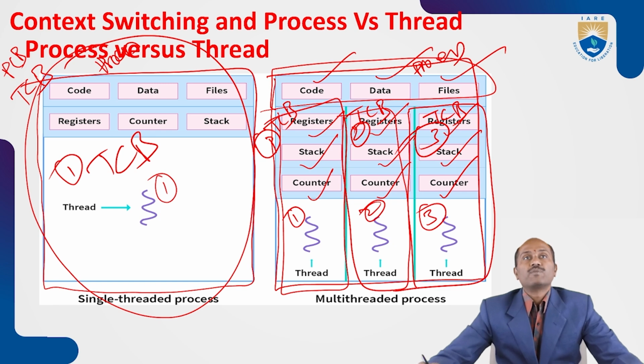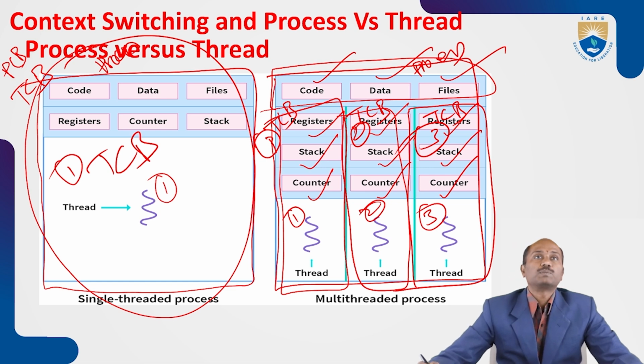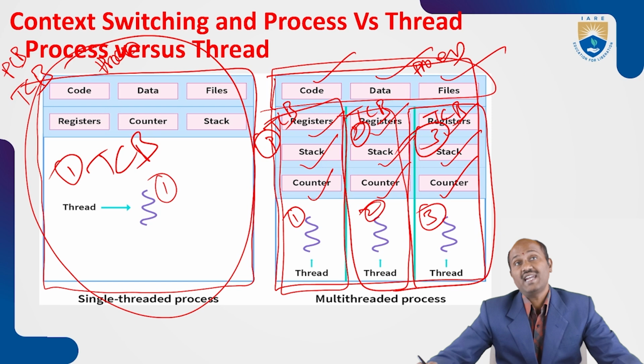In this video, I explained what a process is, what a thread is, and how a process performs context switching. Context switching takes place among many processes, but a process consists of many threads. A thread is a lightweight process. In context switching among a number of processes, when one process is executing, it has state save and restore activity.